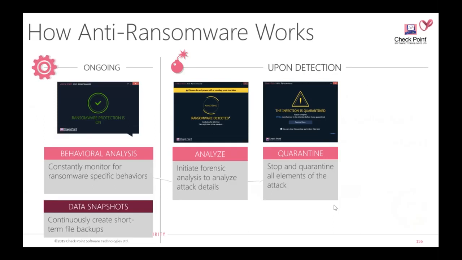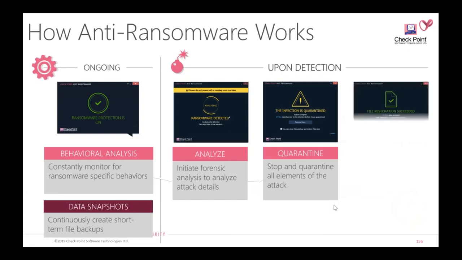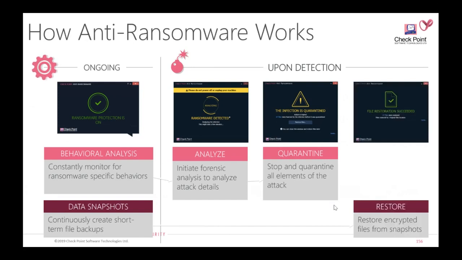Upon detection, it will perform initial forensics to analyze attack details, stop and quarantine the elements of the attack, and after this we can restore the encrypted files from the snapshot.